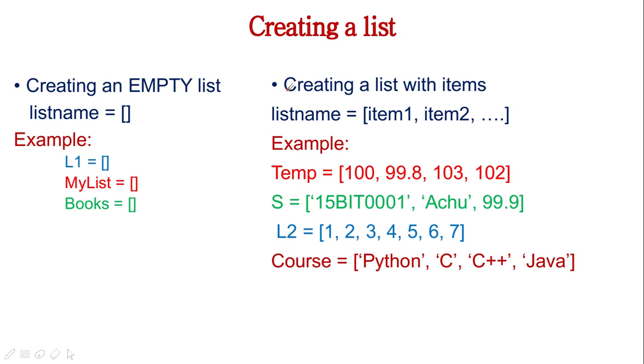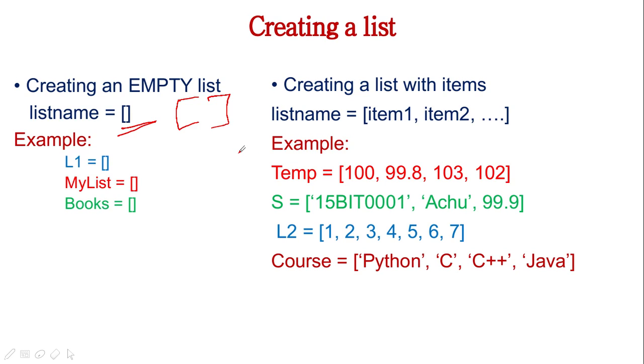Next sequence we are going to see is the list. We represent a list by square brackets, and empty square brackets represent an empty list. Lists are much similar to arrays in C, C++ or Java, but the difference is that a list can contain heterogeneous types of data. In other languages there is a restriction: arrays should have only homogeneous data.